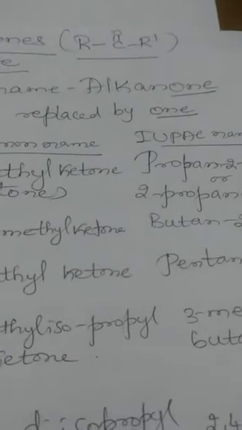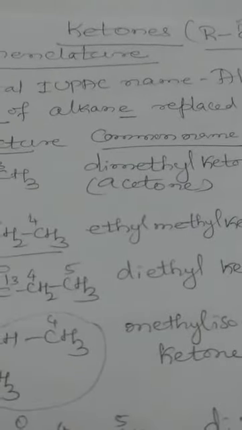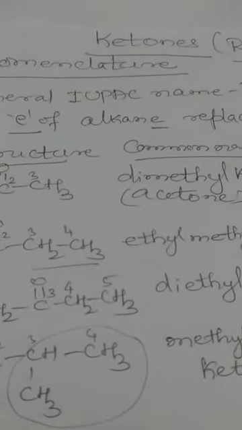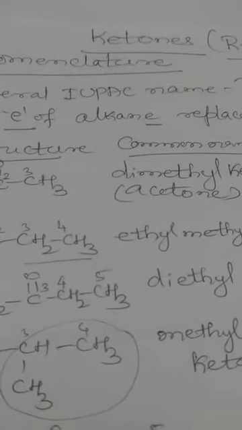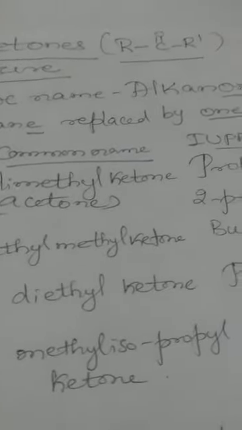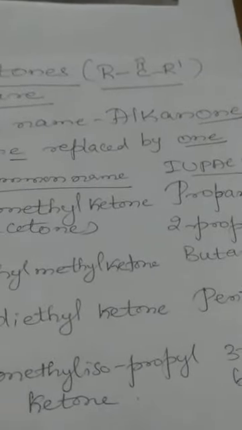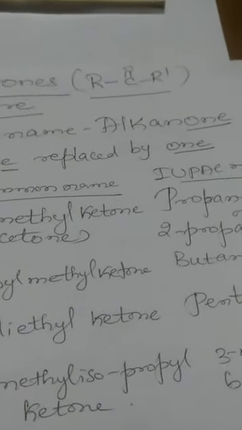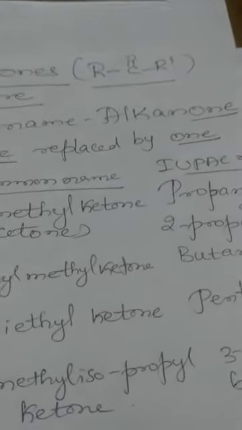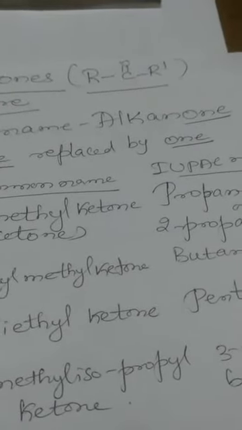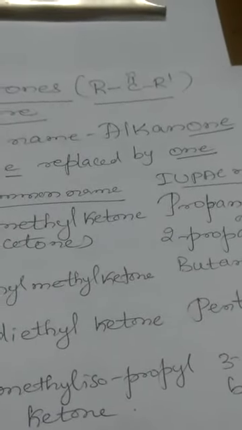This name alkanone is obtained by replacing the E of the corresponding alkane with the letters ONE. You select the longest parent chain with the carbonyl group and number it such that the carbonyl carbon gets the lowest possible number.